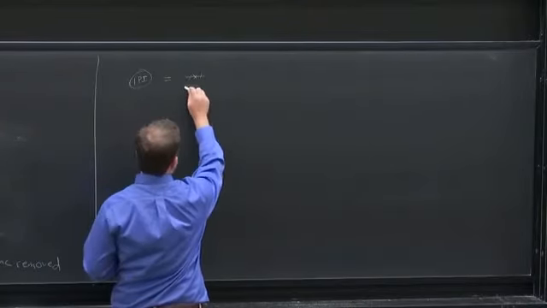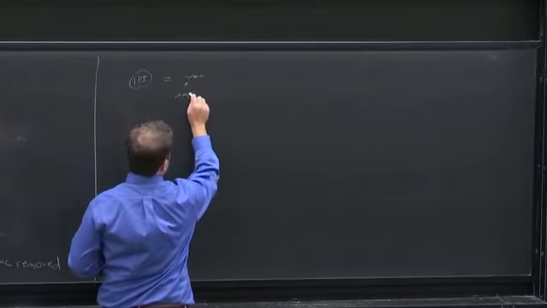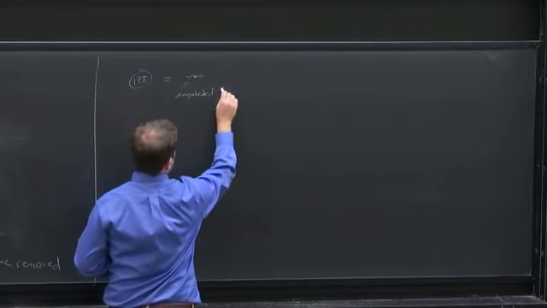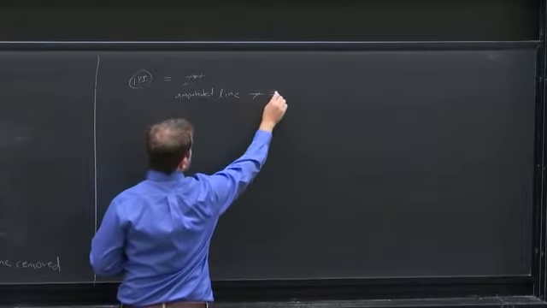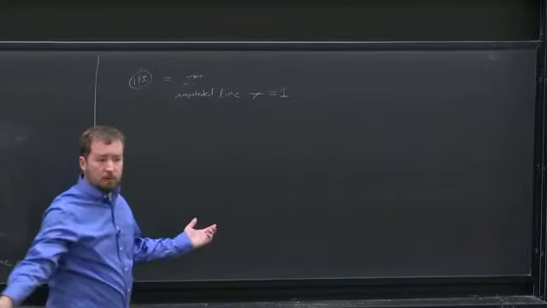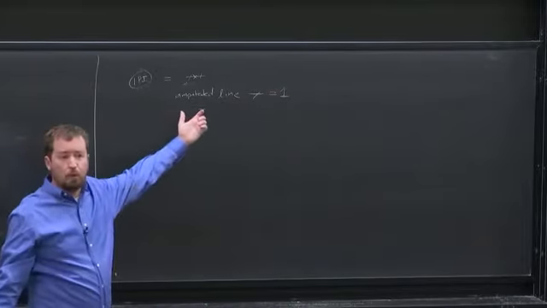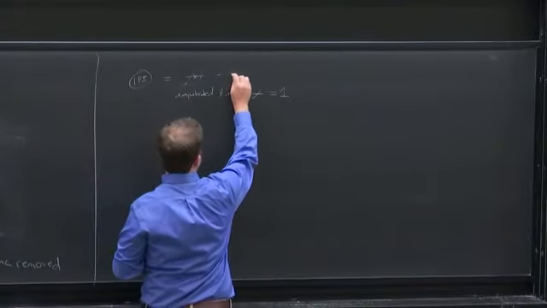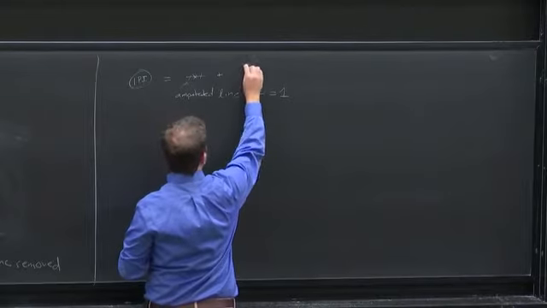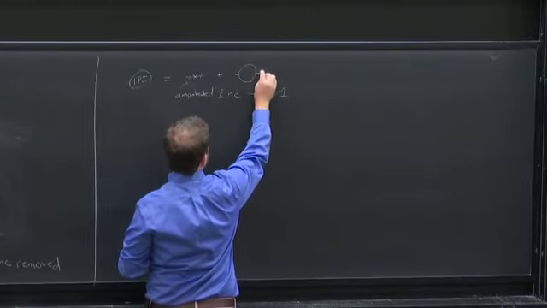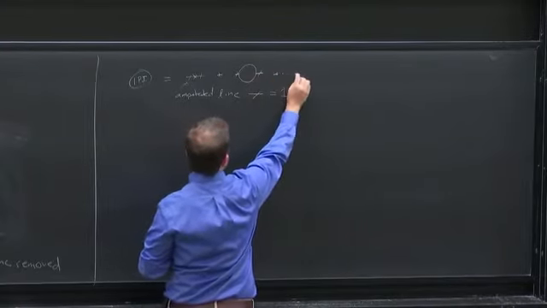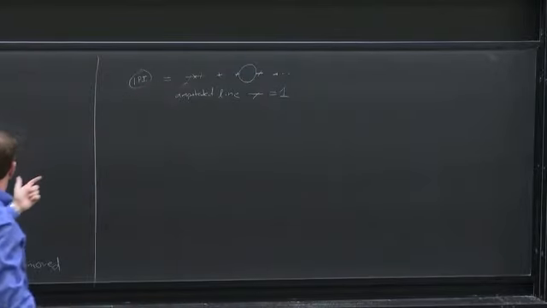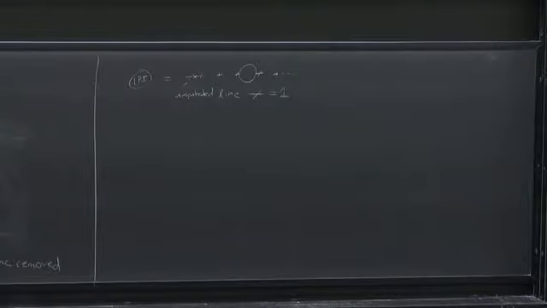I've drawn here an amputated line. This means we're just saying where it connects to the rest of the diagram, but we're not including the line there. There's also this. So that's what I mean by the one-particle irreducible parts of diagrams.